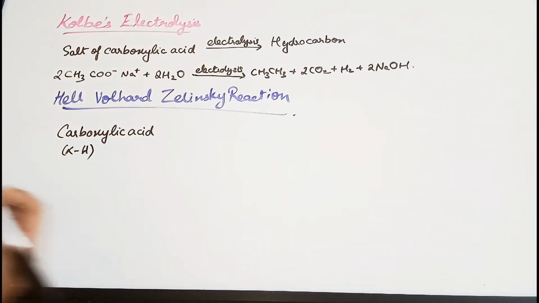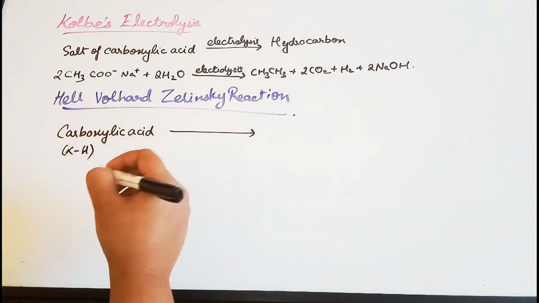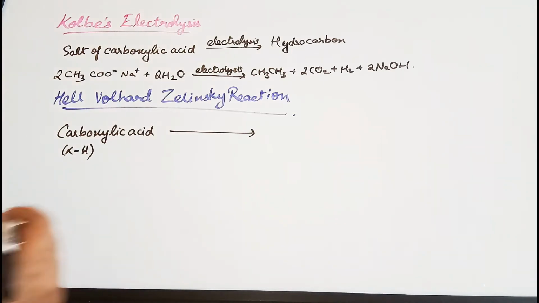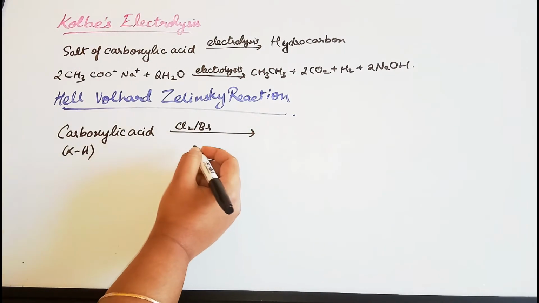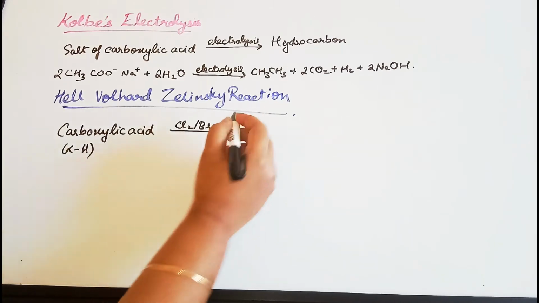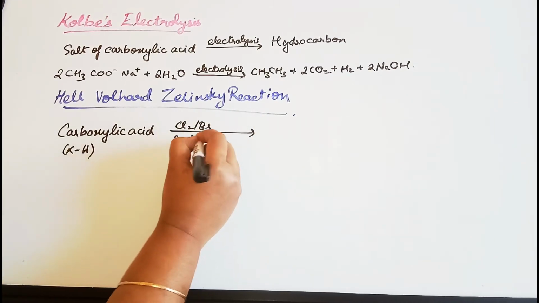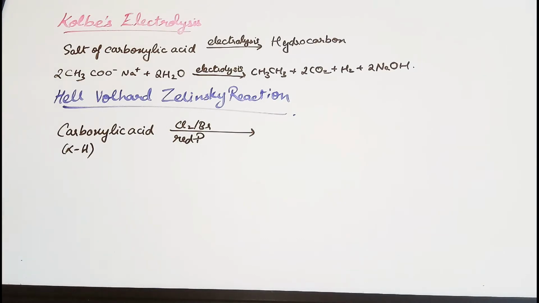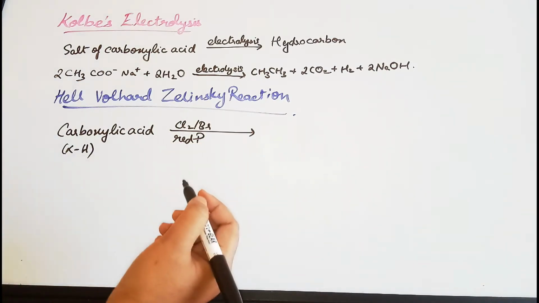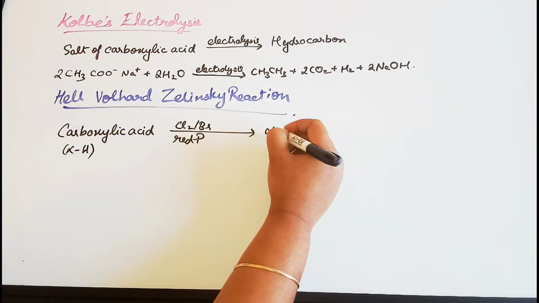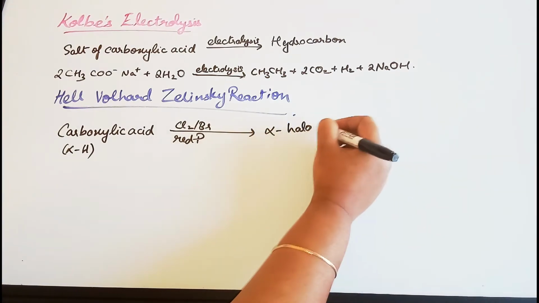Okay, it reacts with a halogen, right? It could be Cl2 or Br2, so it can be chlorine or bromine, in the presence of a small amount of red phosphorus, and this leads to the formation of an alpha-halocarboxylic acid.